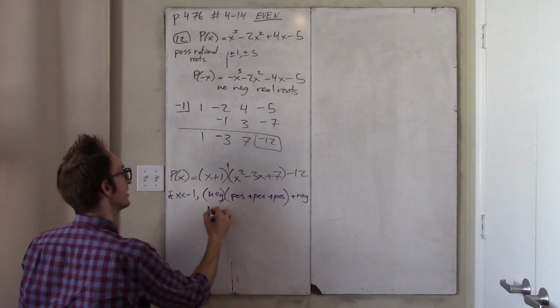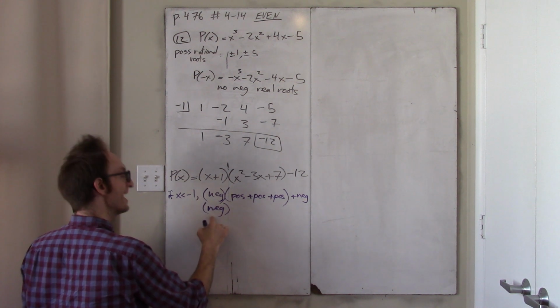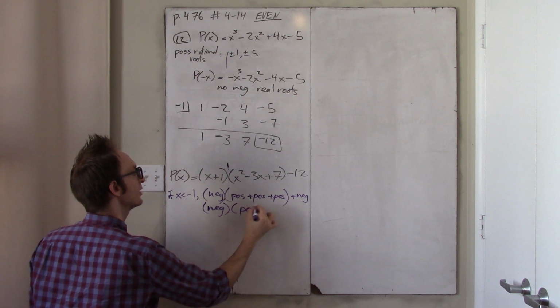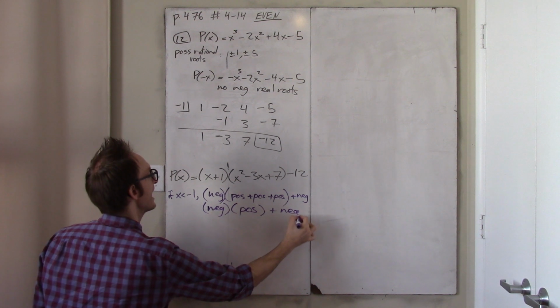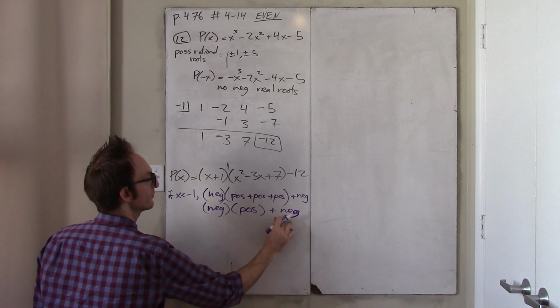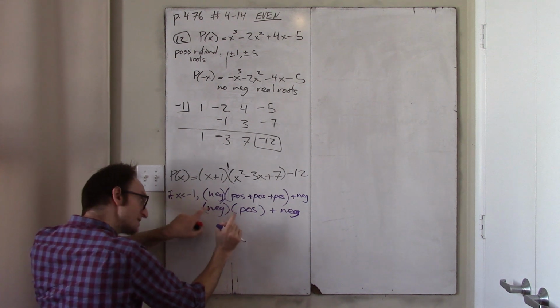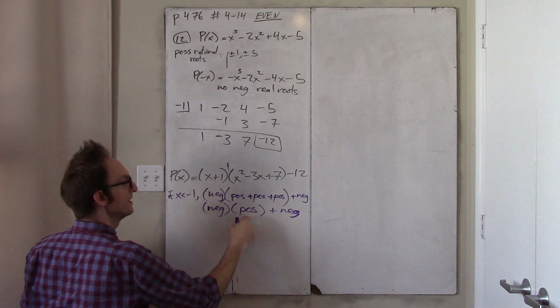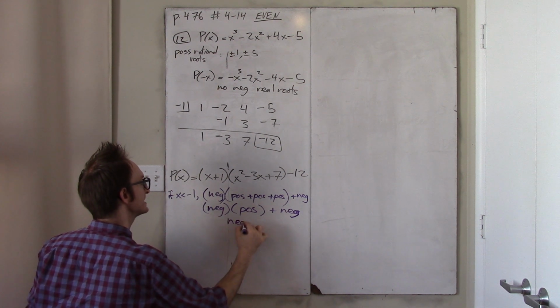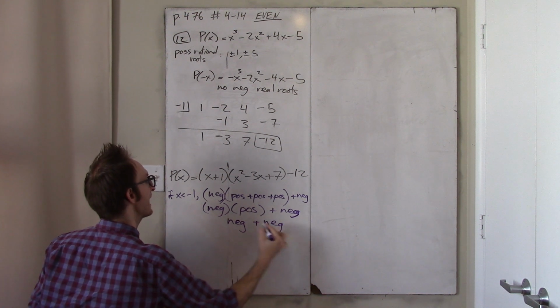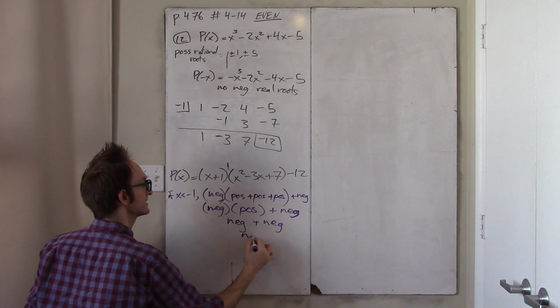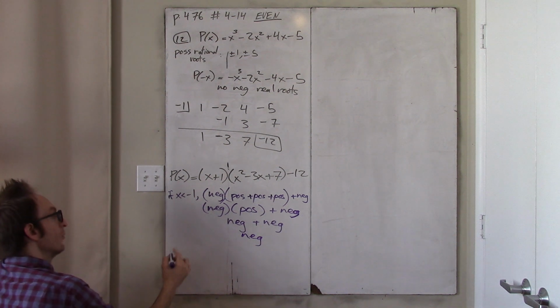Well, I think you see where this is going, right? If my divisor is negative and my quotient is positive and my remainder is negative, then my divisor times my quotient is negative, and therefore this is going to be negative. So what did I just learn?